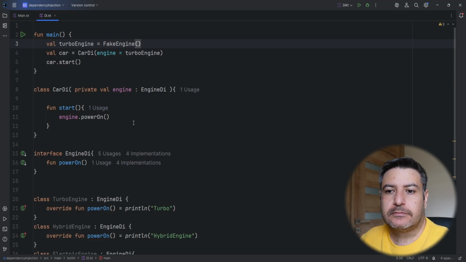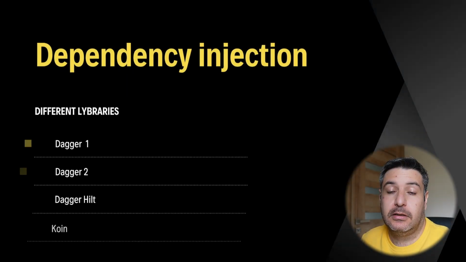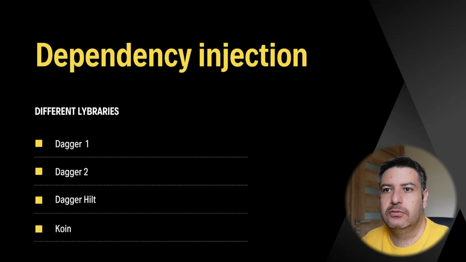But we don't want to invent the wheel from scratch, and there are multiple libraries that we can use to implement dependency injection in our applications. Dagger 1, 2, and Dagger Hilt are officially supported by Google. And Dagger Hilt, let's say, is the easier version of Dagger 2.